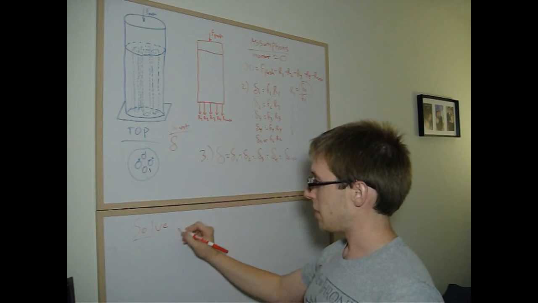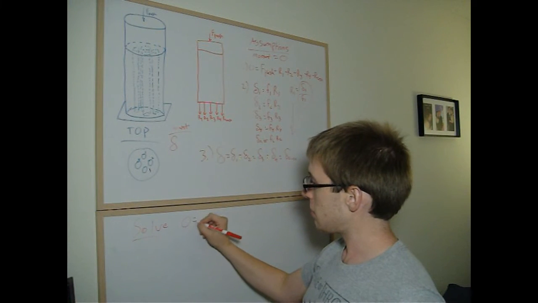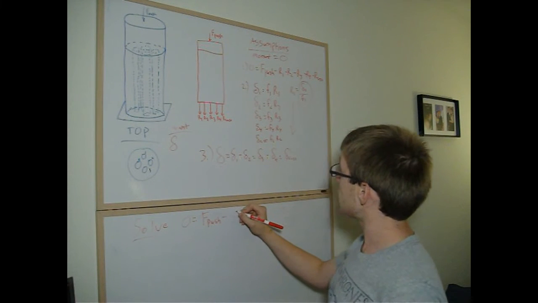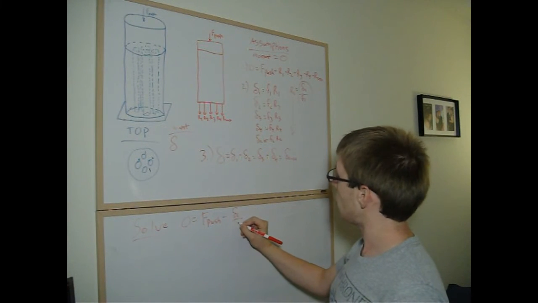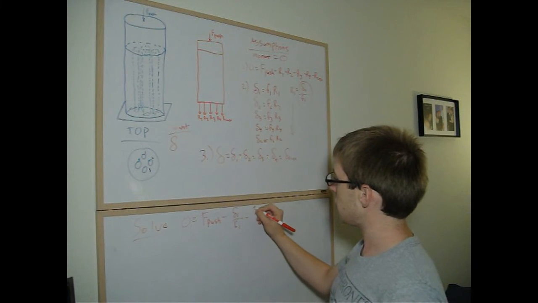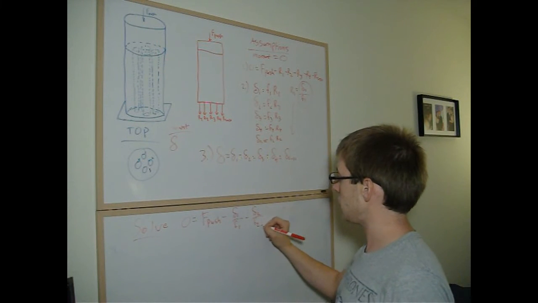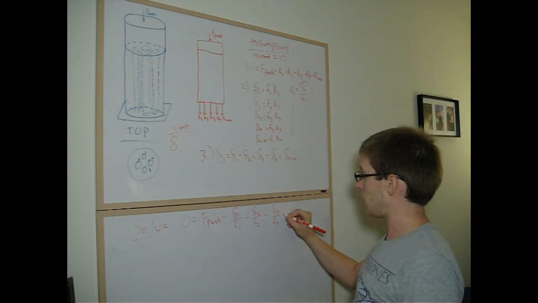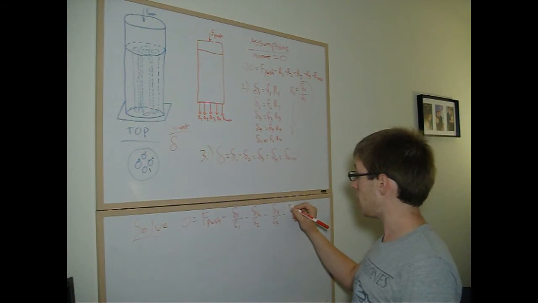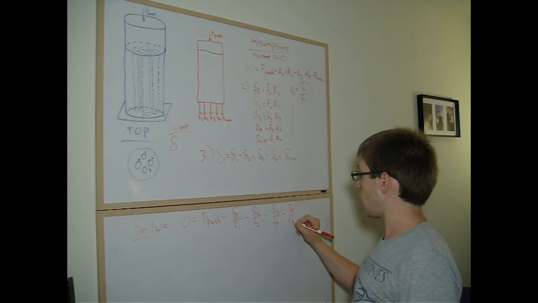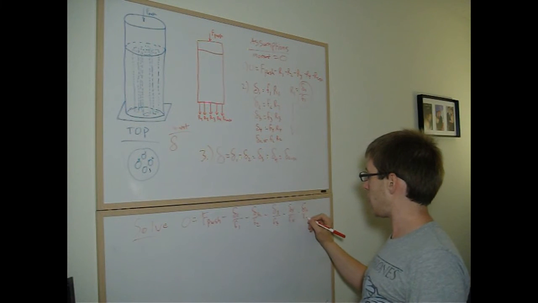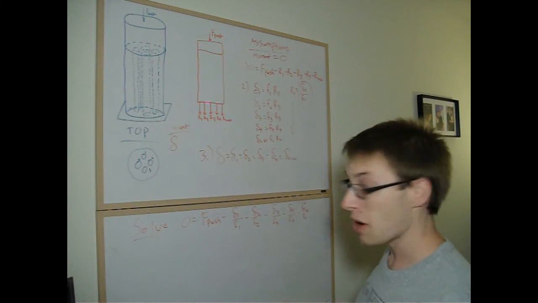So we have 0 is equal to force push minus delta 1 over flexibility 1 minus delta 2 over flexibility 2, and on until we get all of the cylinders in there. Okay, now we have that.